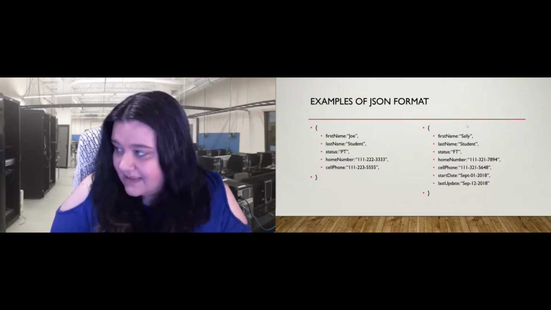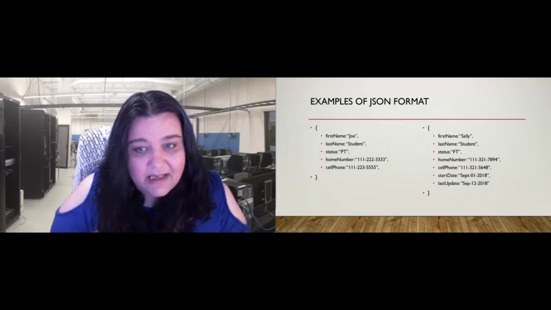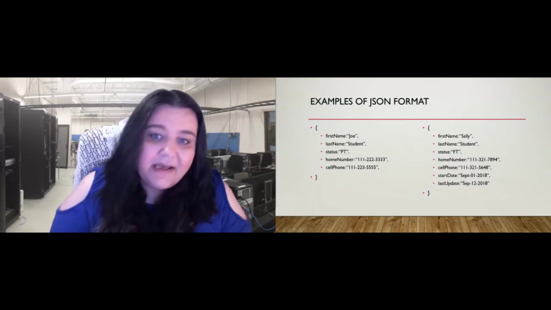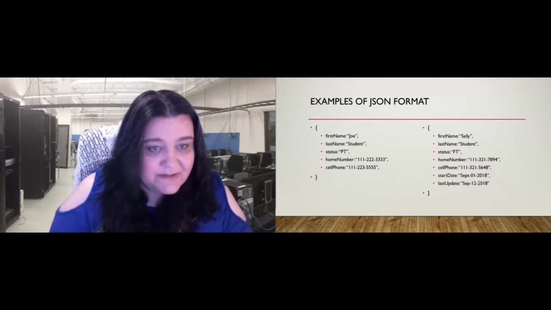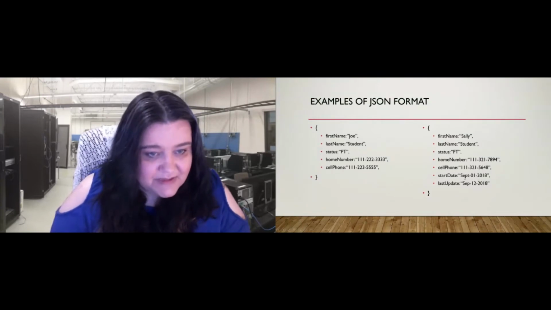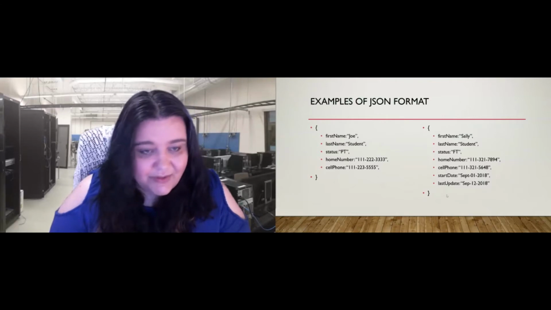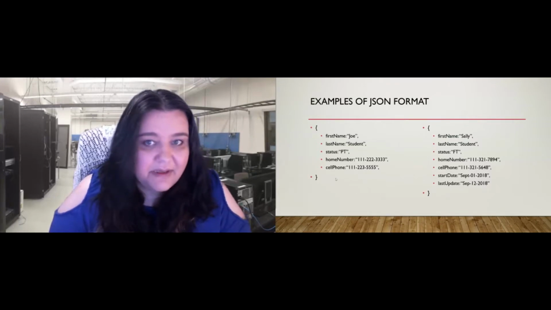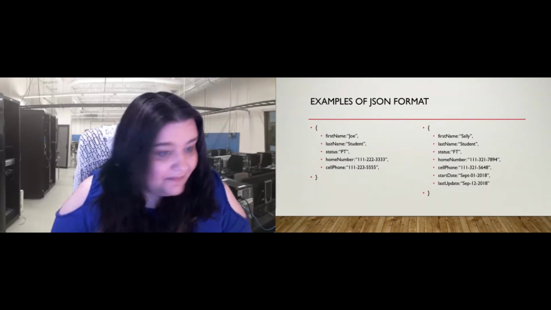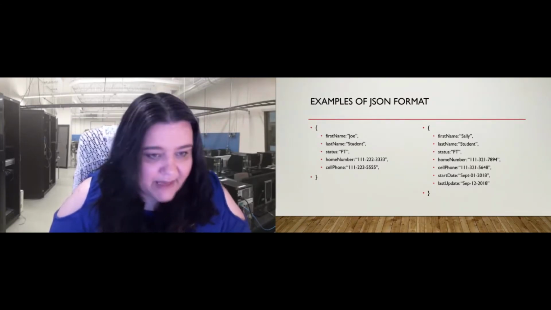Sally also has key value pairs within her document, but we notice something different here is that we have extra attributes for Sally. Now that doesn't mean that Joe doesn't have those attributes. It just means that Sally does have them. If this were a traditional relational database structure, we would have to see those columns over here, and they would typically have default or null values within them, or blank.